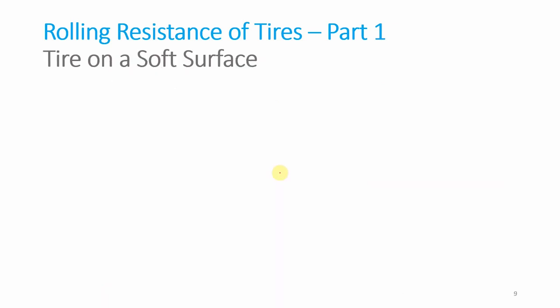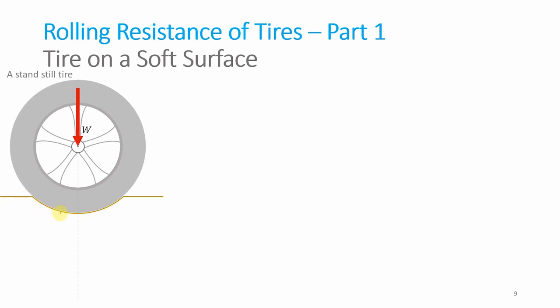Now we have come to the second part of the presentation, which deals with the tire on a soft surface. A good example of a tire on a soft surface would be an SUV going on a sand dune in a desert like this.